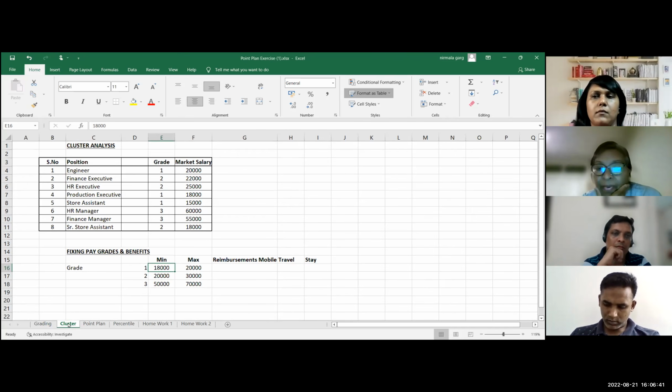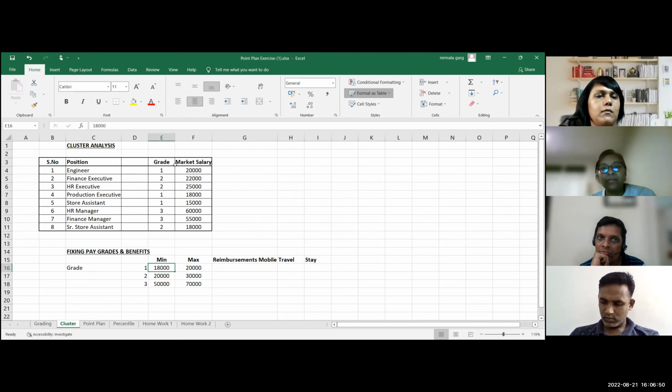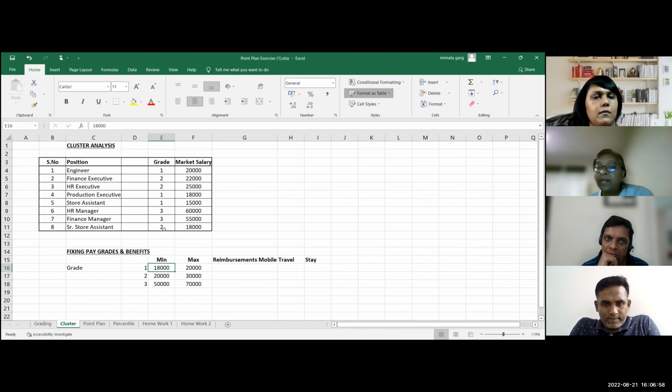Now, typically it is called cluster analysis. So, say for example, this is worked out for another organization. Typically, you have done this. Haven't you done this? You have taken a list of positions, right? Then you have mapped them into their respective grades. But how do I assign salary? So what is it that I need to do?